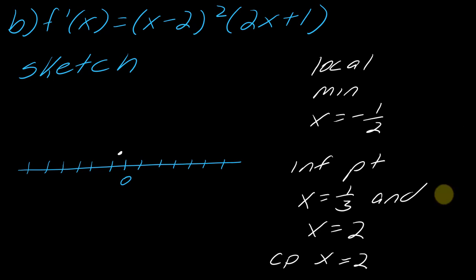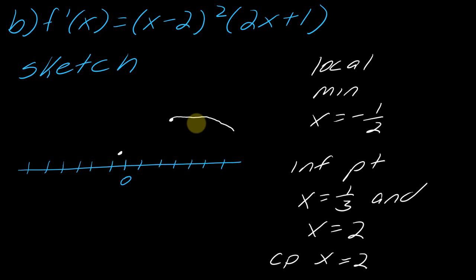Let me maybe make my negative 1/2 just a little bit further down so I can exaggerate this a little bit more. So what I need to have happen is I need to make sure that 2 is shown as an inflection point. So let's see, here's 1, 2, so here's 2. So I need this to be an inflection point where I have this change in concavity. So this needs to change to concave down without it actually being a max or a min.